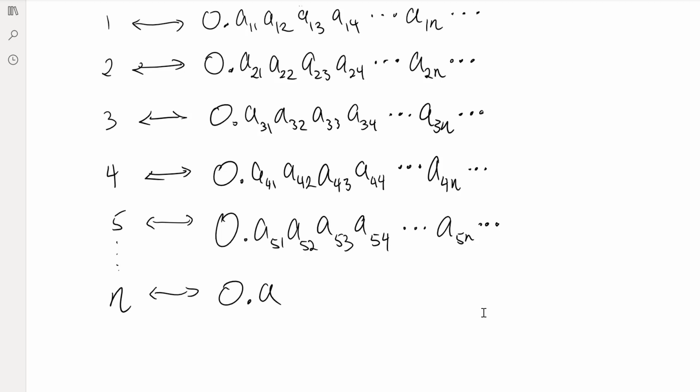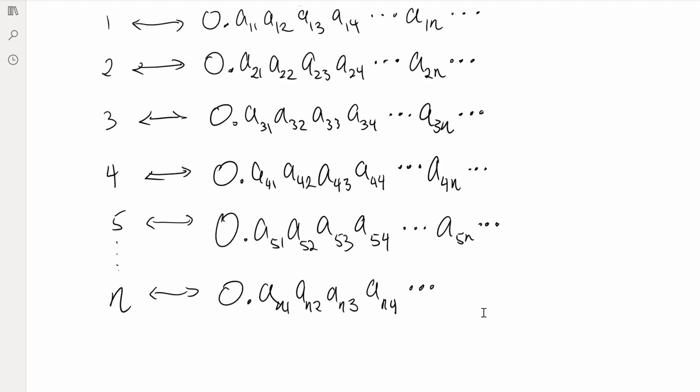And so here we'll be at the nth row, first digit, and then the nth row, second digit, nth row, third digit. A sub n4 represents the fourth digit of the nth value in the list.